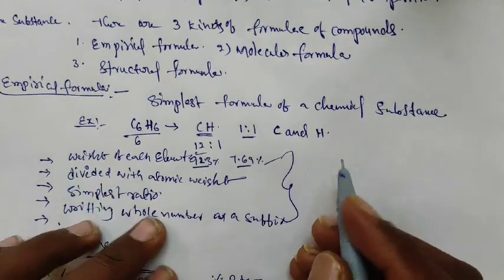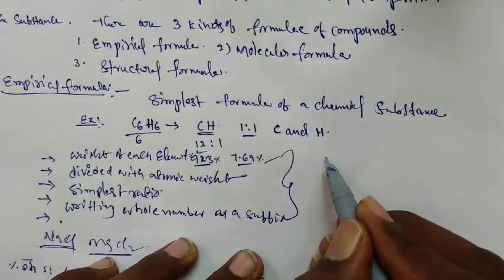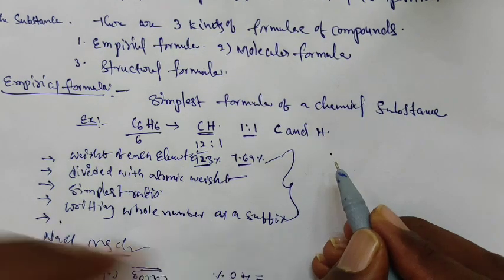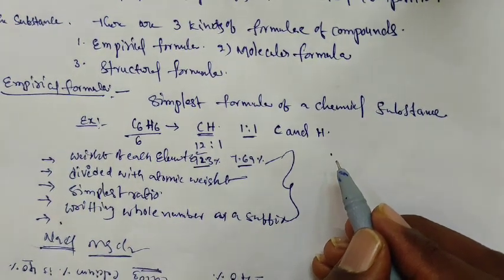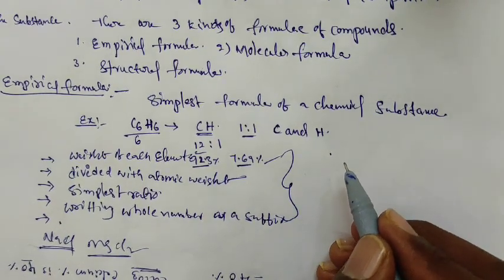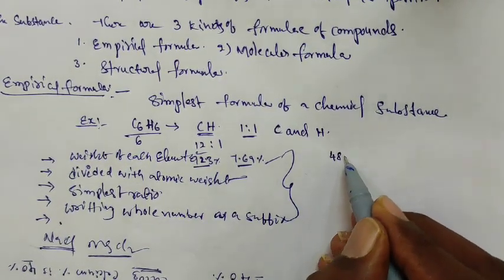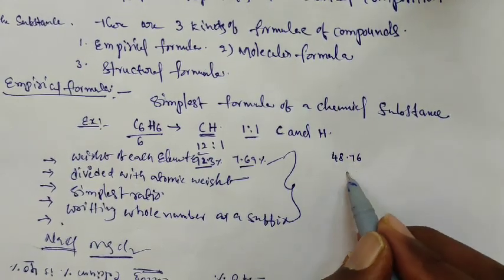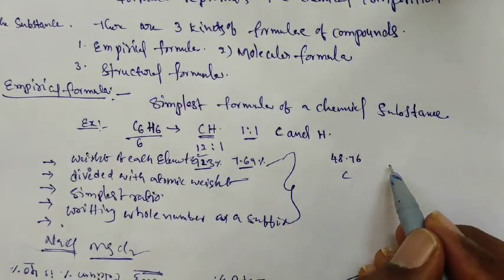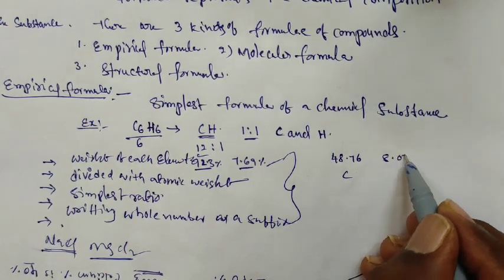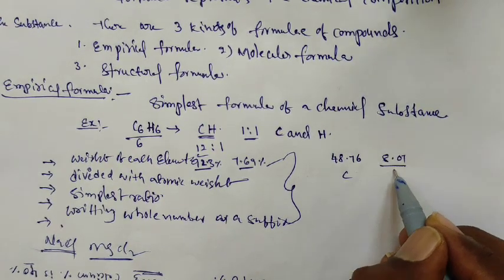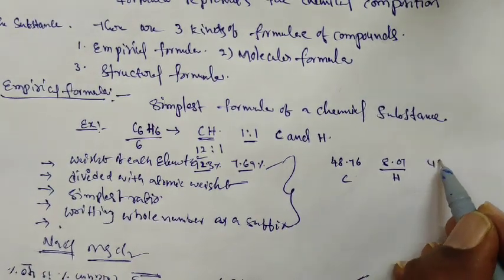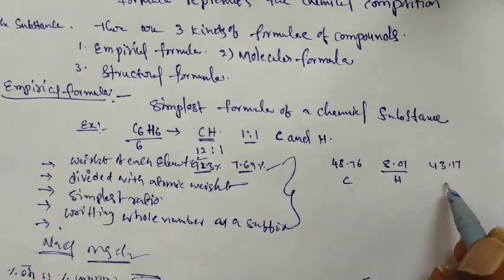The weight of each element. For example, I am taking weight percentages: 48.76% of carbon, 8.07% of hydrogen, and 43.7% of oxygen.